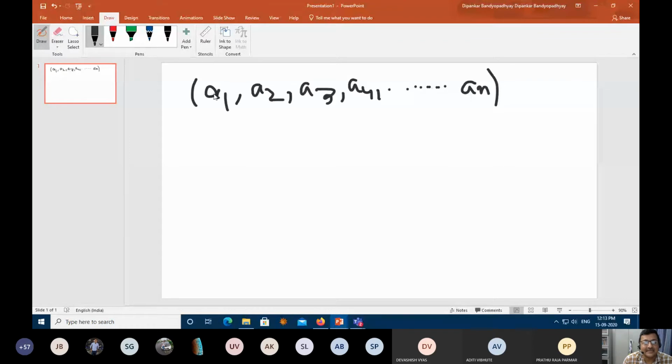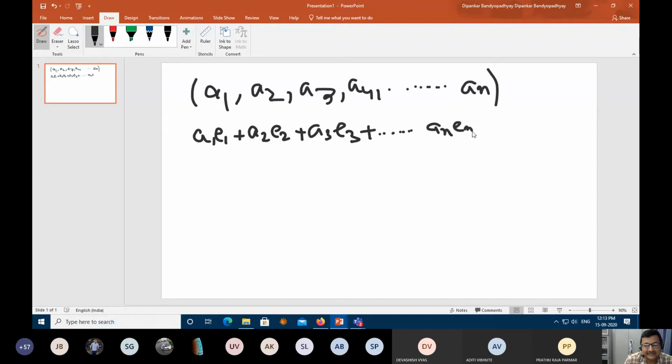Now here, what is hidden? Suppose ijk, if you do ijk, then you will only end up getting 3 dimensions. But if you go e1, e2, e3, e4, then essentially I'm trying to write this as a1 e1 plus a2 e2 plus a3 e3 plus dot dot dot plus an en.